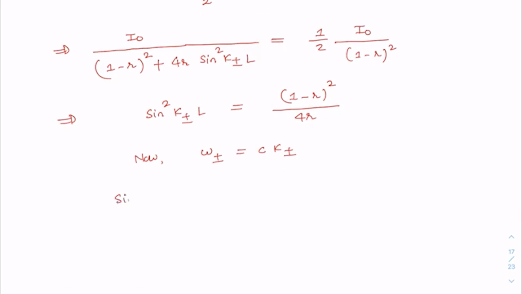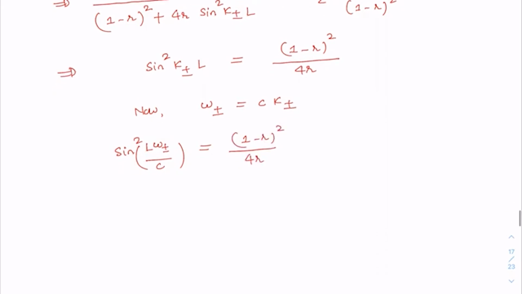So therefore I have from here sine square of L into omega plus minus by c is equal to 1 minus R whole square divided by 4R.